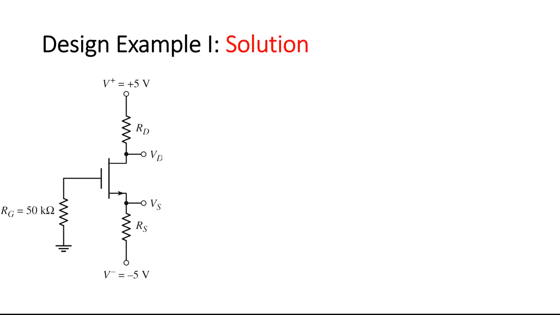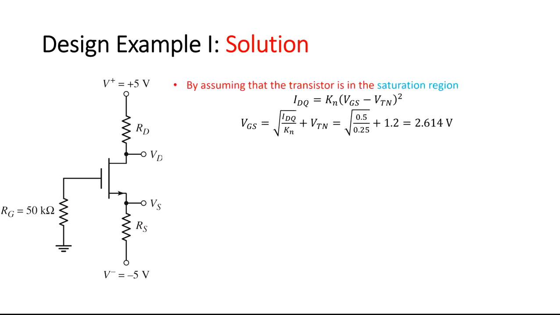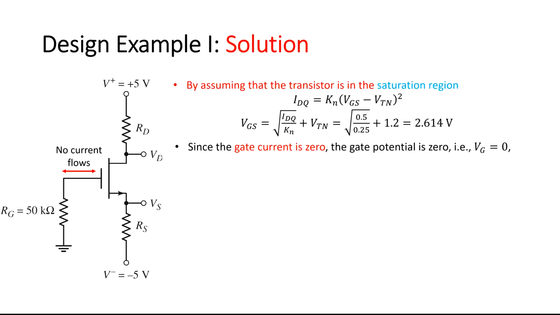By assuming that the transistor is in the saturation region, the gate to source voltage is presented. Since no current flows in the gate terminal, the gate potential is zero. Then the voltage at the source terminal can be calculated.